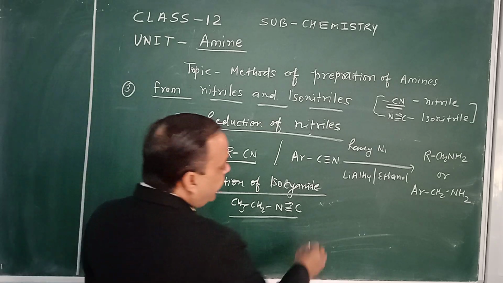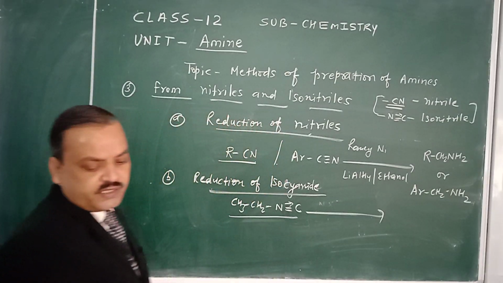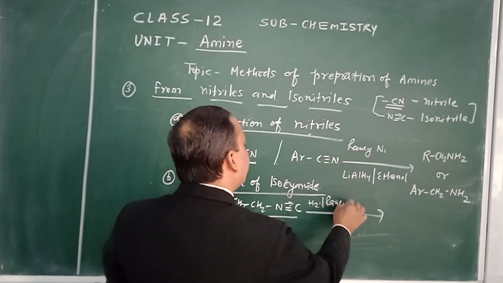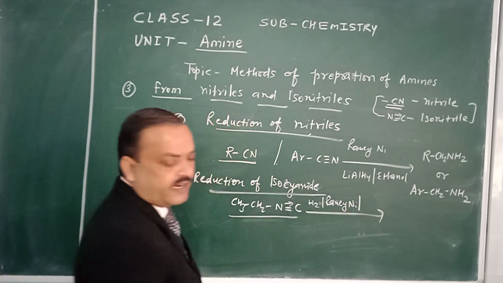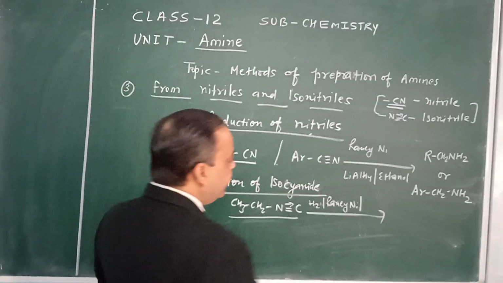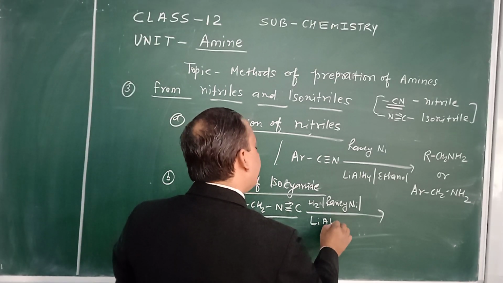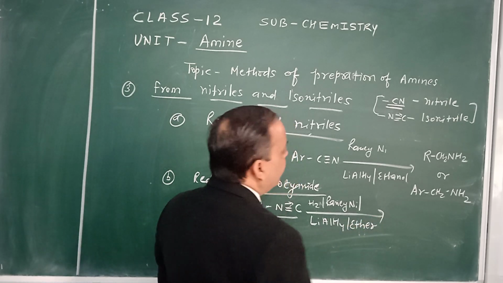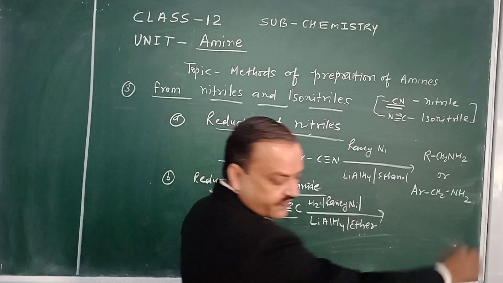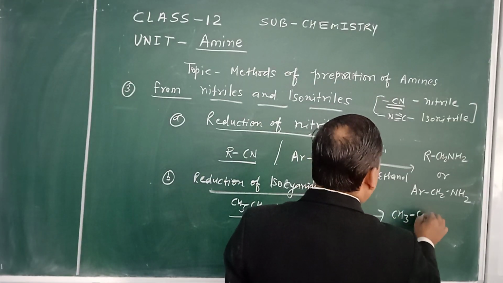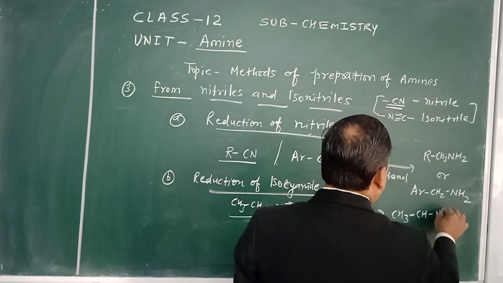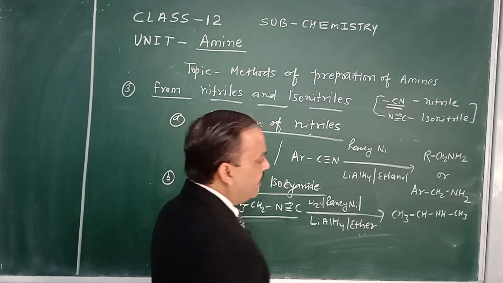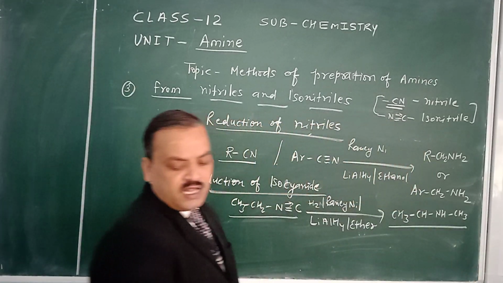Again, reducing catalysts are used: hydrogen, nickel catalyst, and lithium aluminum hydride and ether in this reduction process. By this we get the reduced compound CH3CHNHCH3.